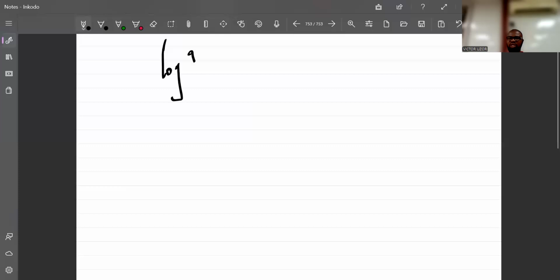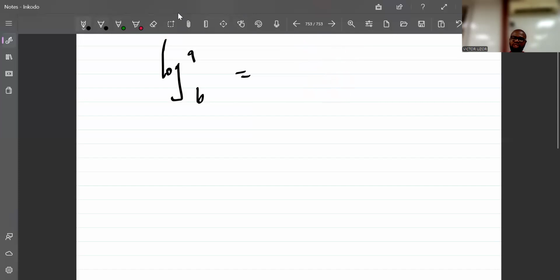Log A, B can be in the form of log. I want it to be in the base of this. I can have log A B. Yes, I can have log A, this part that I want to get there. I want to get a different log.